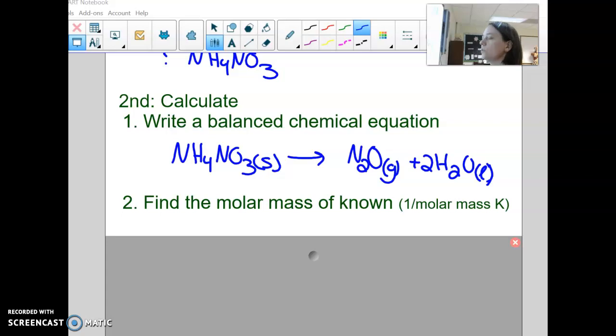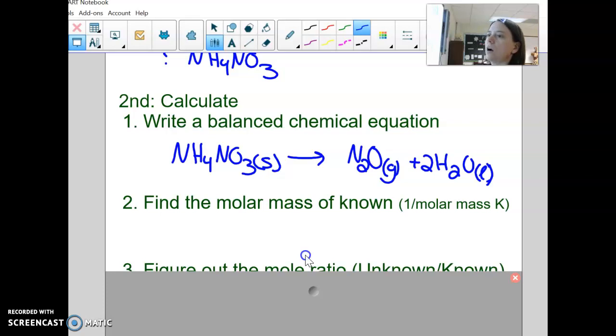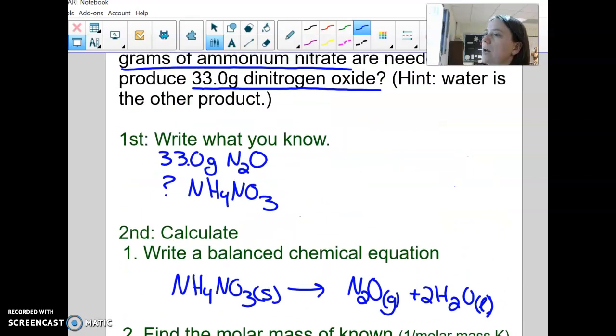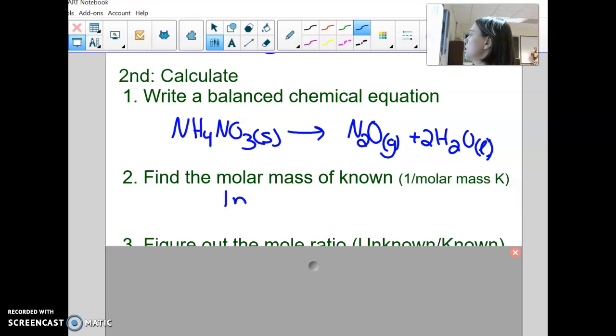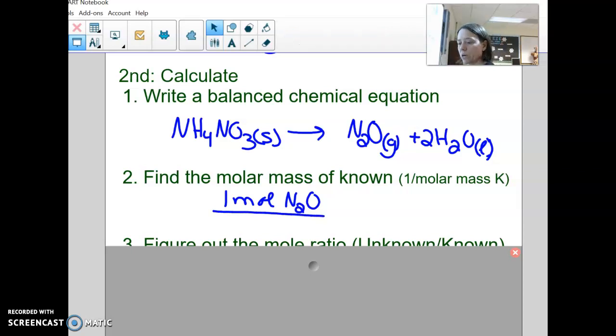Okay, the next thing we're going to do is to find the molar mass of your known. So our known is dinitrogen oxide. So 1 mole over how many grams? Well, you're going to need your periodic table and your calculator.